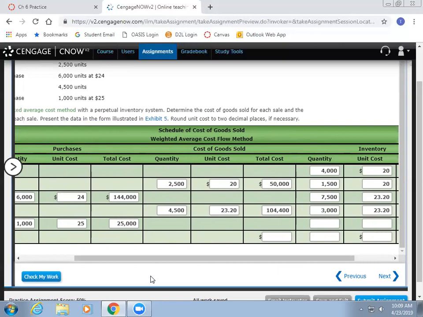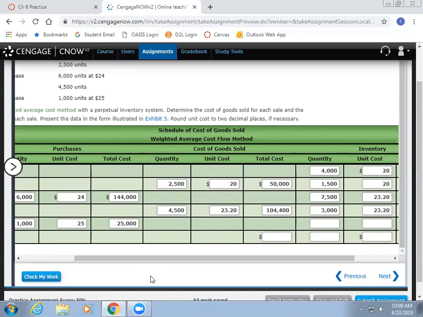We already had 3,000 left at the $23.20 cost, so the total cost there was the $69,600. And then we just purchased 1,000 more at $25.